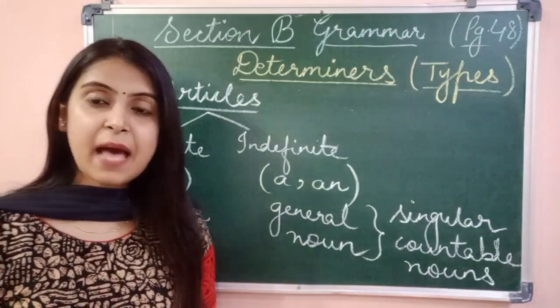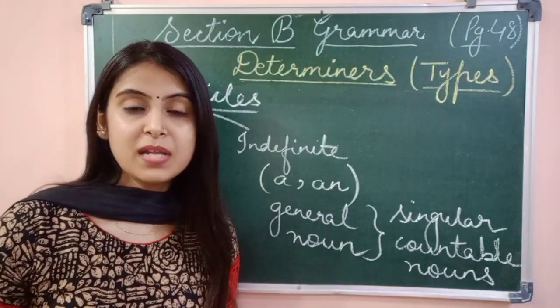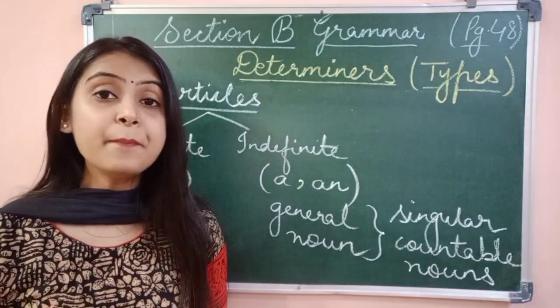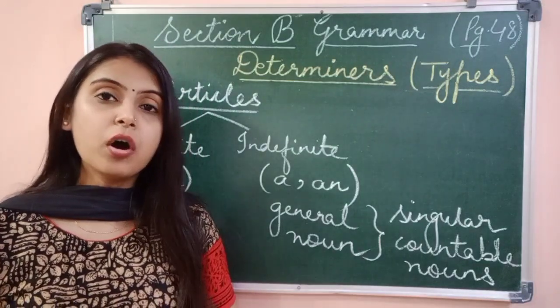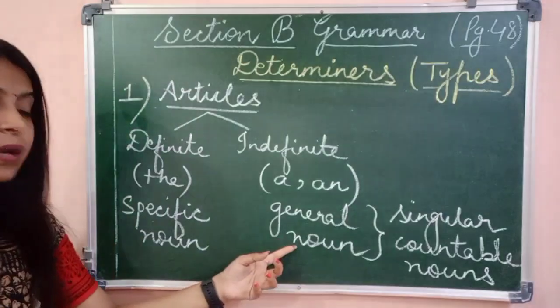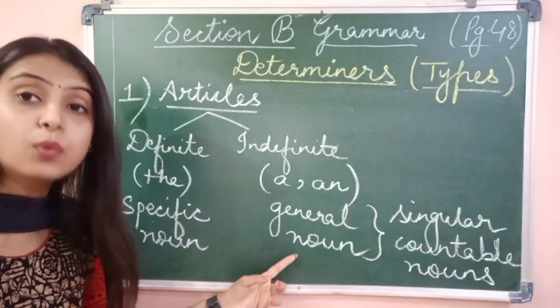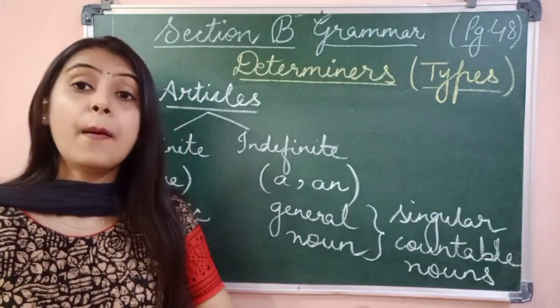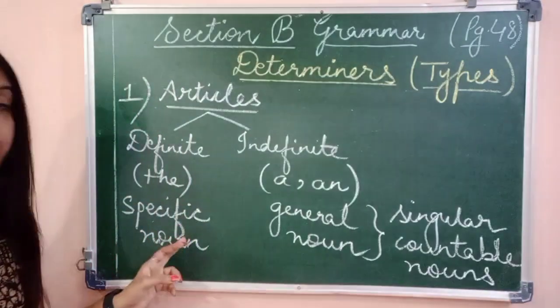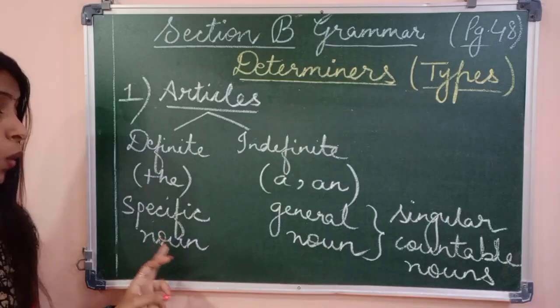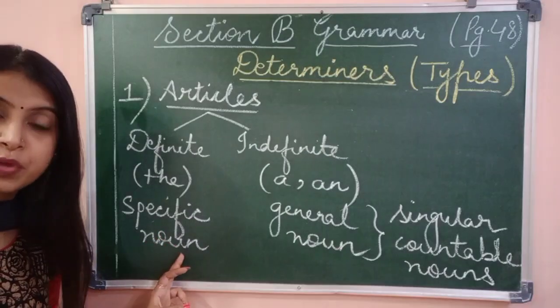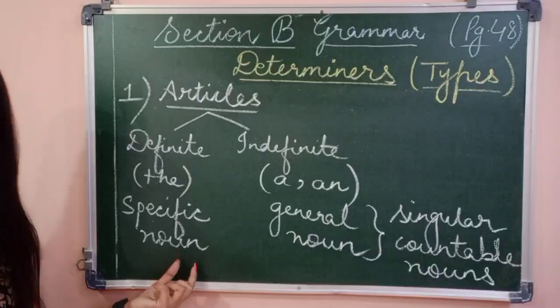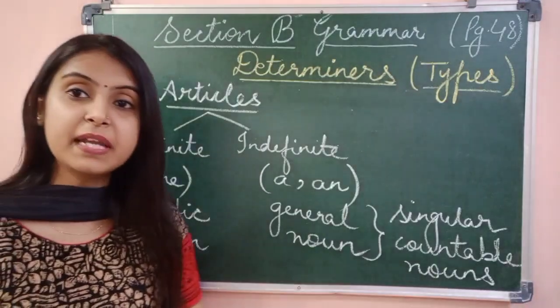For example, I say I want a pen to complete my novel. So a pen indicates that I'm talking about the noun in general. Any pen you give me will work. But if I say I want the pen whose nib is pointed, I'm talking about the specific pen that has a pointed nib.